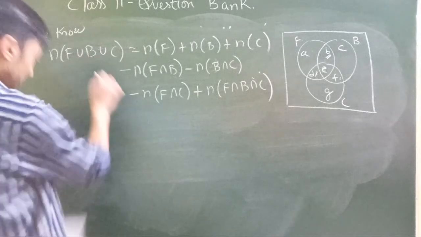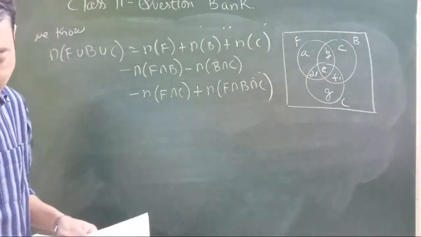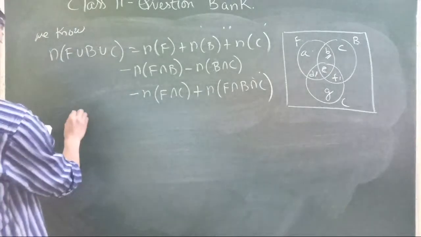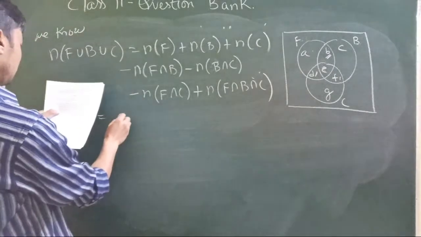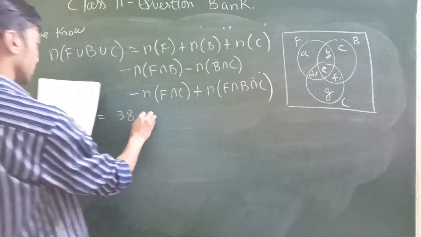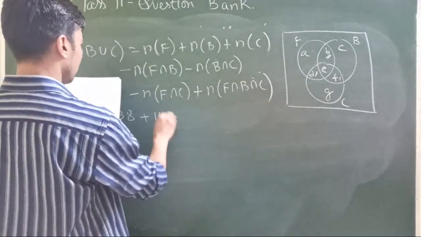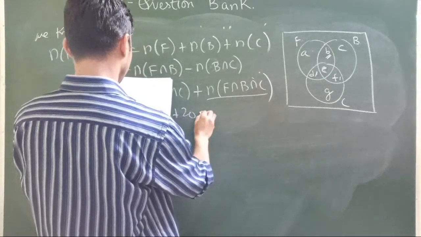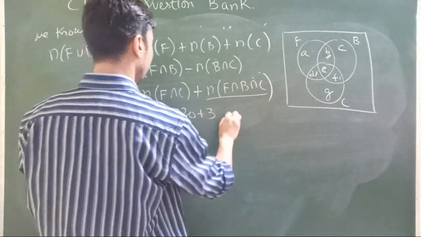So this value, F union B union C, is 58. The others are 38, 15, 20, and this value is 3.